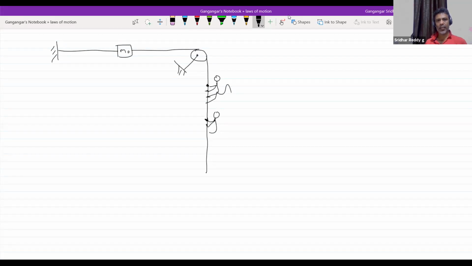There can be two monkeys, and both are climbing up with an acceleration, say A1 and A2. Because the rope is not moving, it will become absolute acceleration. What will be the tension in the ropes?